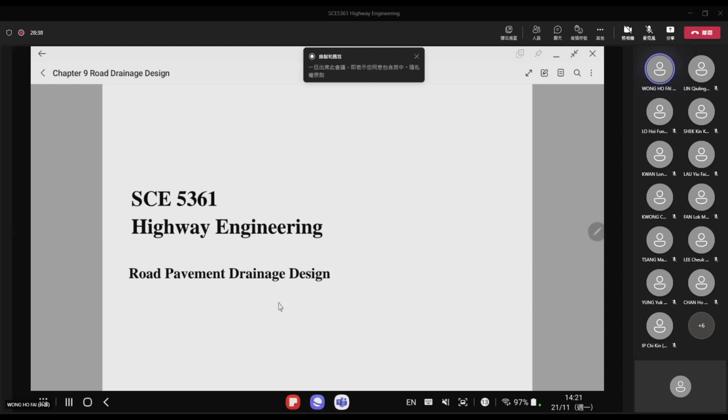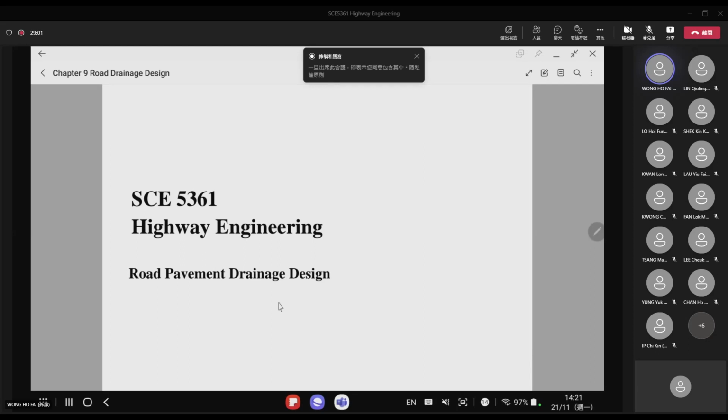And then the question is, how can we arrange those gullies on the highway? What is the spacing of the gullies? And how to design the cross-fall for the road so that we can collect our water or rainfall immediately.